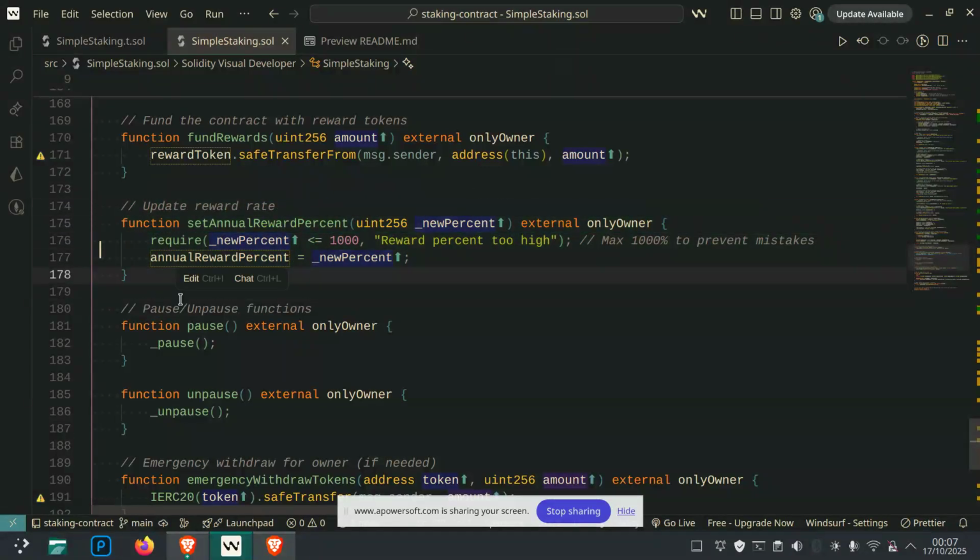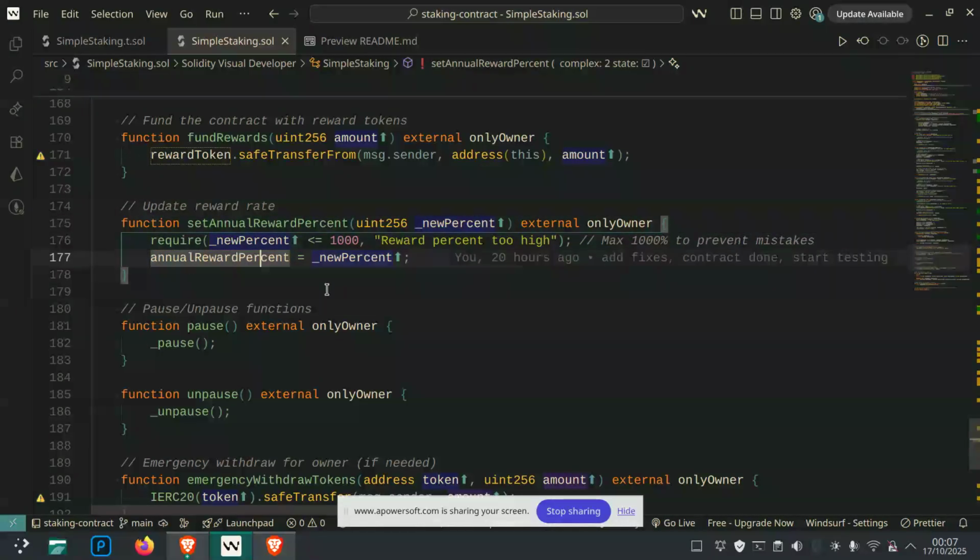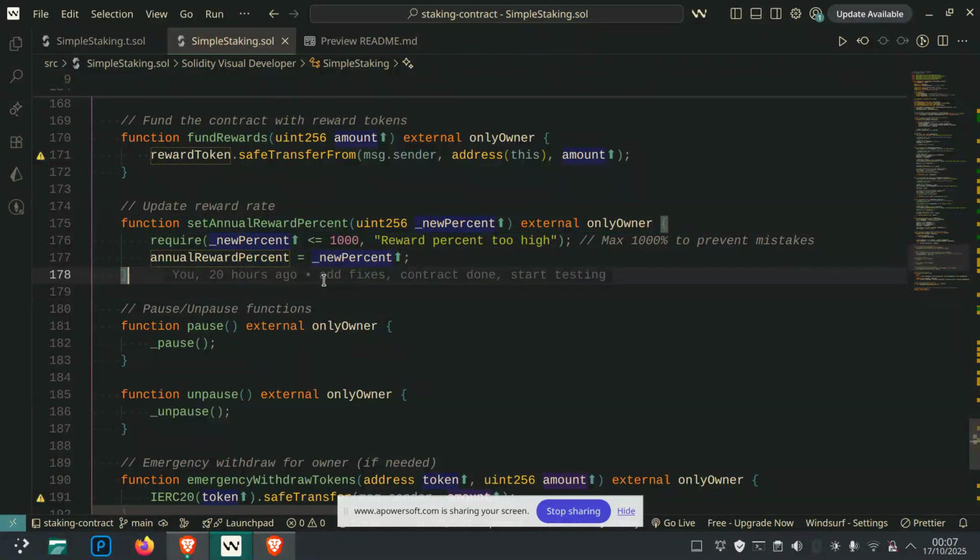But what kind of problems? I mean, I should leave this to you. But imagine the scenario where a user deposits at a certain percentage, like 10% return they will get.